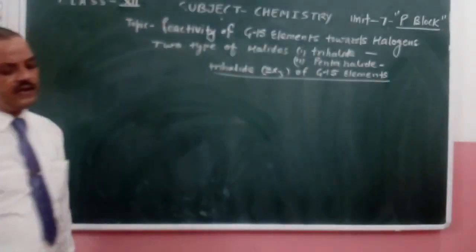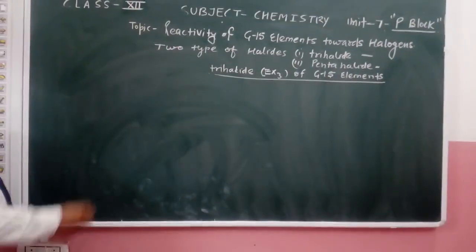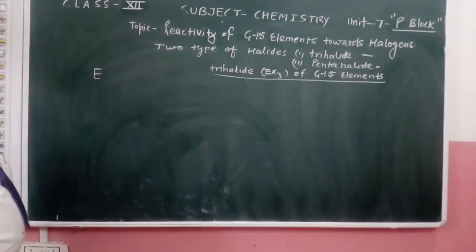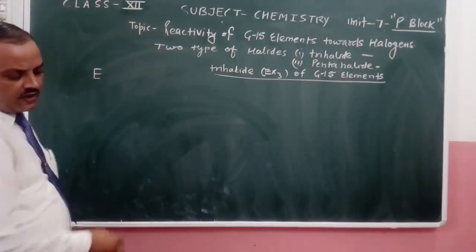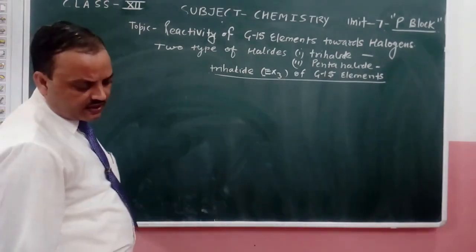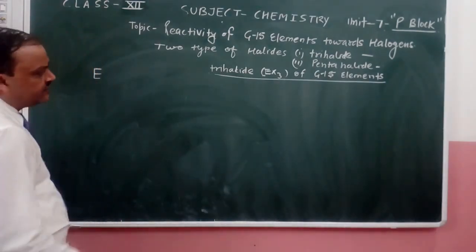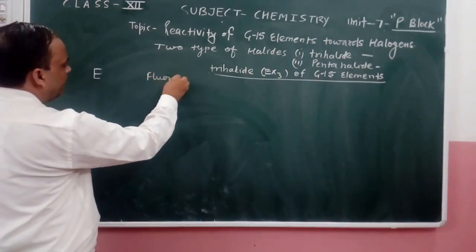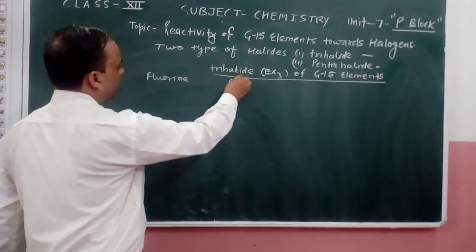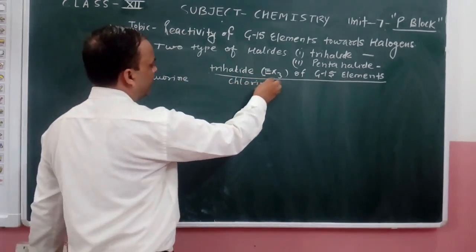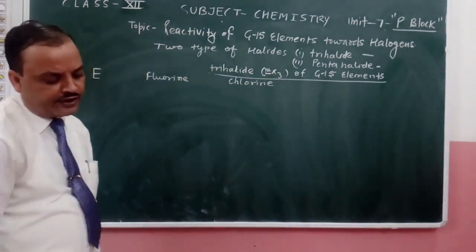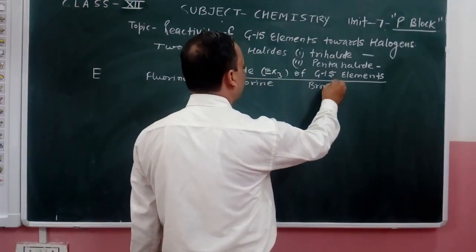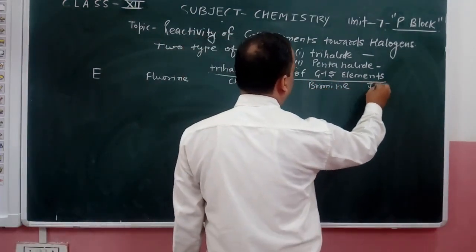What kind of trihalides we have there? You know that E is the element, and after that we have the halogens: fluorine, chlorine, bromine and iodine.